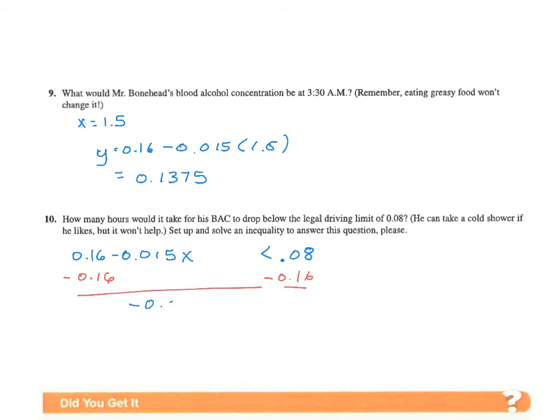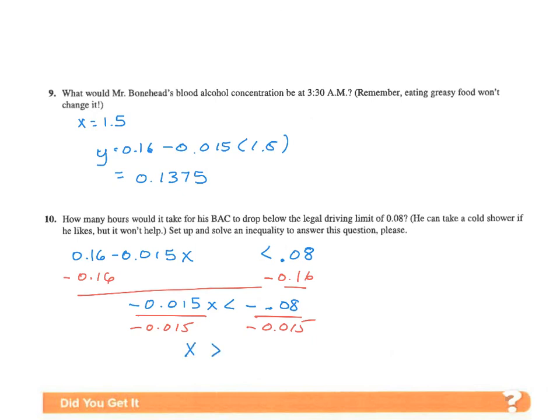So we get negative 15 thousandths x is less than a negative 800ths. Now let's divide both sides by a negative 15 thousandths. We're dividing by a negative. What do we have to remember to do? Change the direction of the inequality.